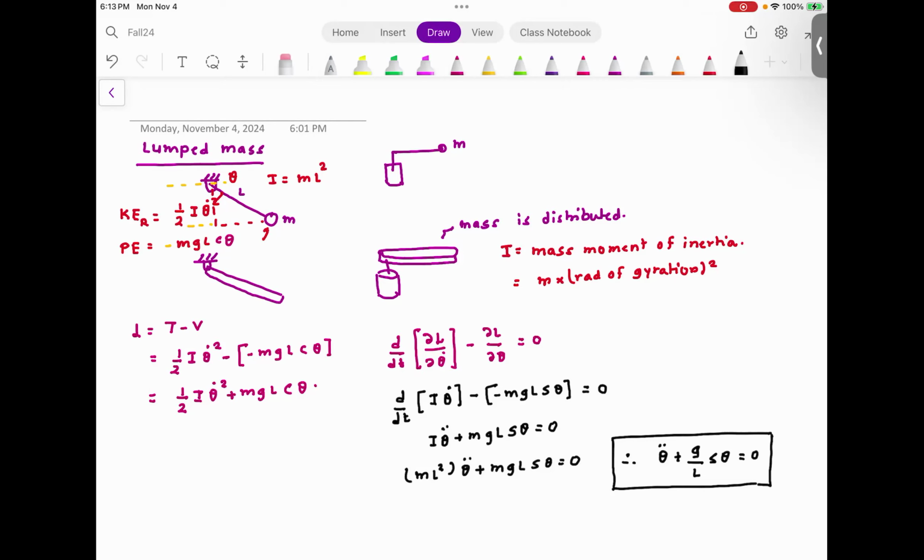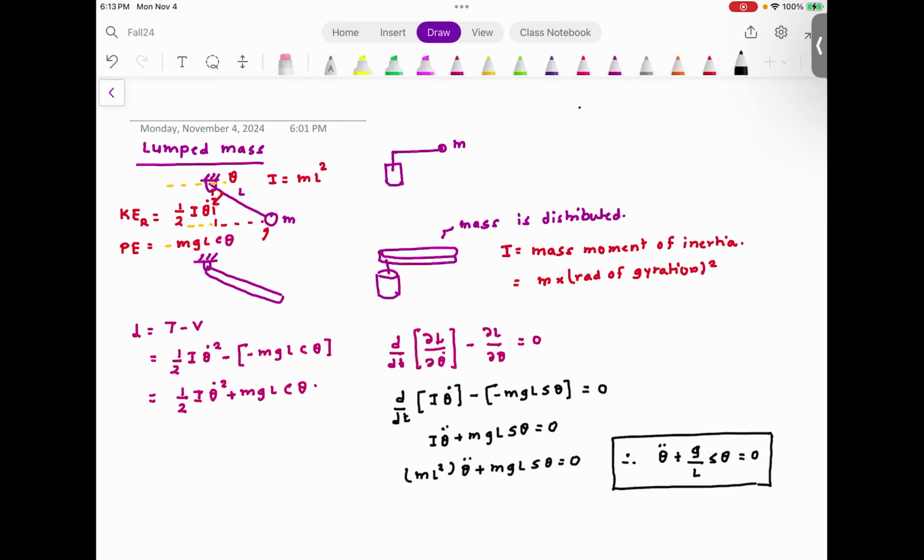Now, what is the difference here? Please understand the difference, the only difference here is I'm using the kinetic energy of rotation. Kinetic energy of rotation is given by 1/2 I theta dot square.